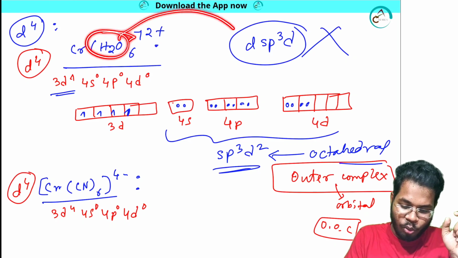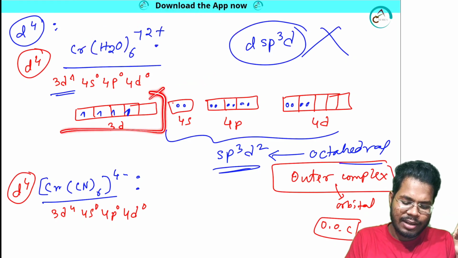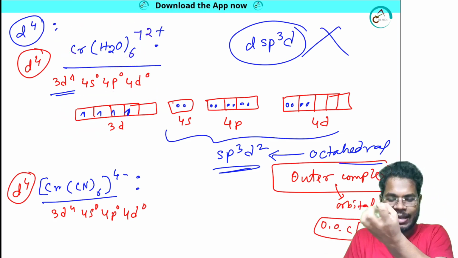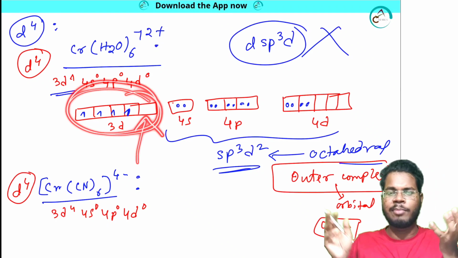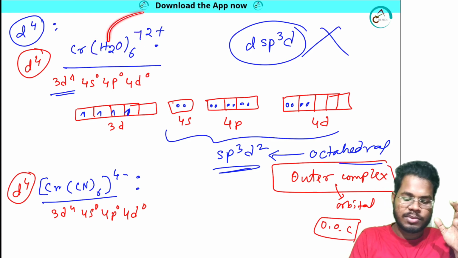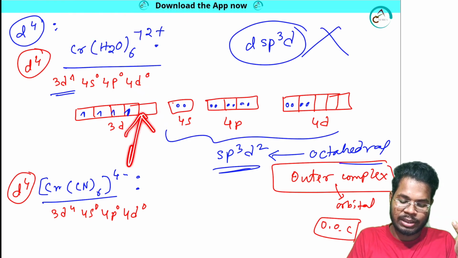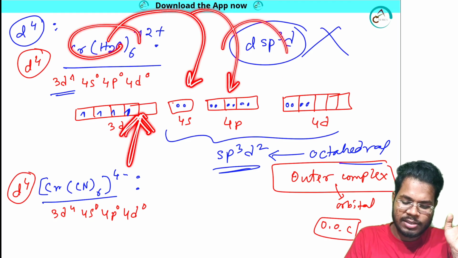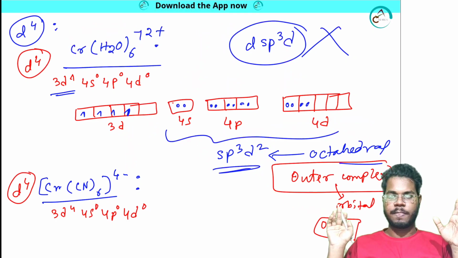It's a compact system because it is attracting, not donating. So the metal orbital will say, I am not facing any kind of force. The ligands just come and fulfill these orbitals to make sp3d2 hybridization, that is an outer orbital complex, done.